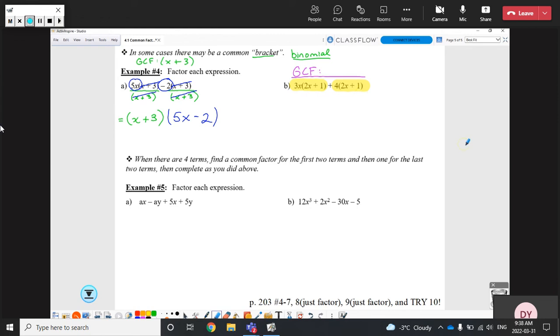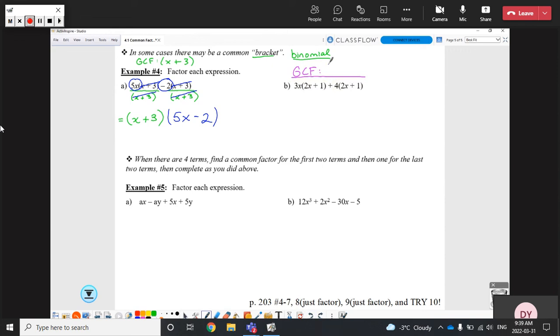Now what do they each have in common? Do you see something similar about those 2 terms? Would you agree that they both have a 2x plus 1? You see that? So that is going to be their common factor.